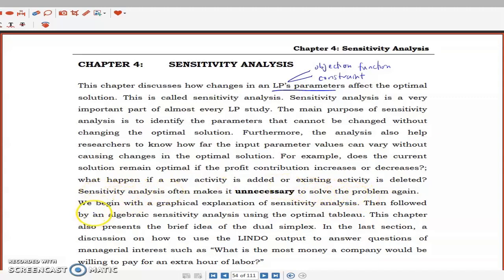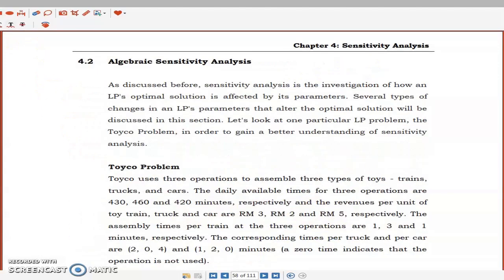In this video, we will not discuss the graphical explanation of sensitivity analysis. We only focus on the algebraic sensitivity analysis using the optimal tableau. Okay, in section 4.2, algebraic sensitivity analysis, as mentioned before, sensitivity analysis is the investigation of how an LP's optimal solution is affected by its parameters.